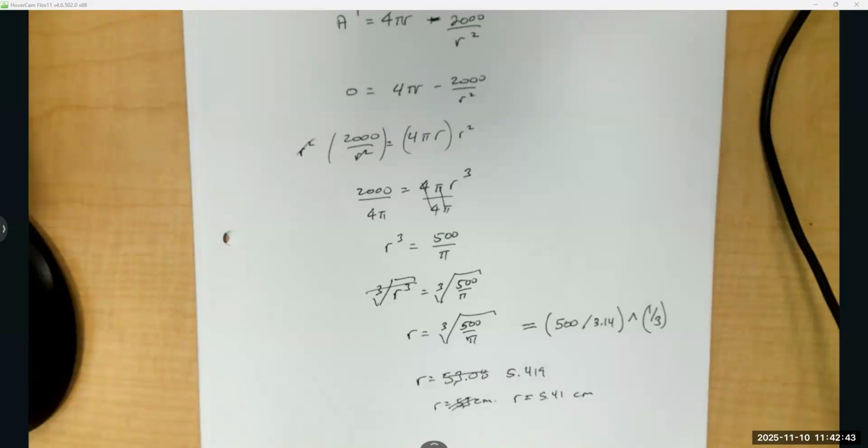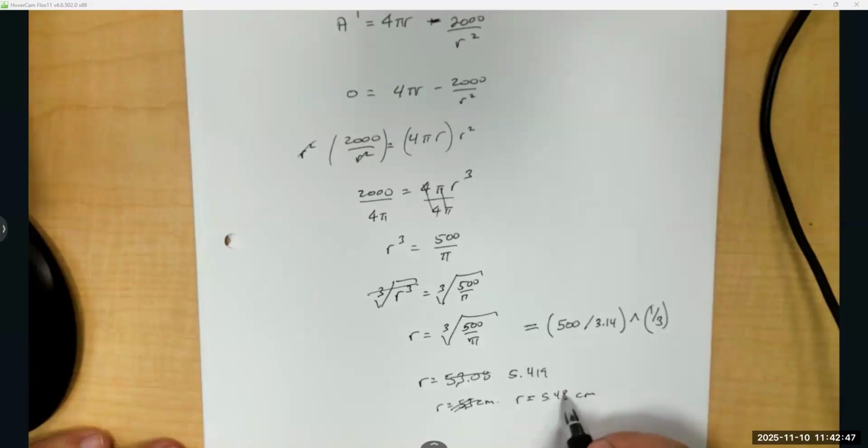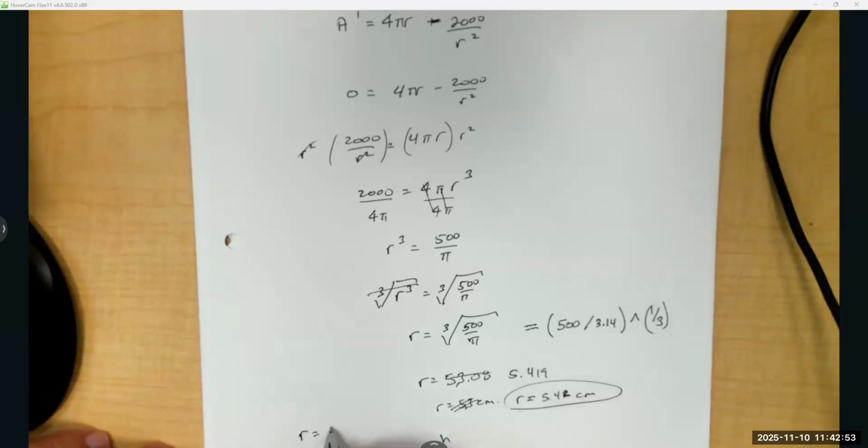So what would that make my height? So the height, we know the radius is 5.42 centimeters. And the height, remember the formula for our height?